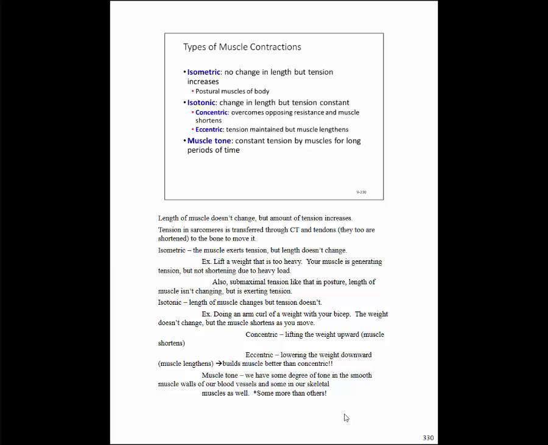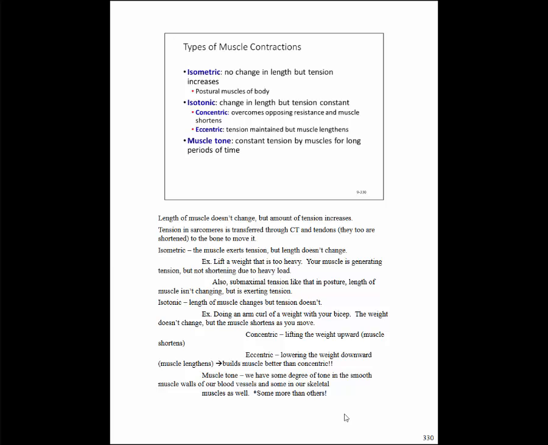That's not how you're supposed to do it. You're actually supposed to breathe out on the lift, on the concentric. So eccentric is where we really need to slow down when we're doing weightlifting. It's hard to lift it up and then we tend to want to just drop it, but just slowly lower it. When you lift it up, it should be slow going back down if we want to build that strength.